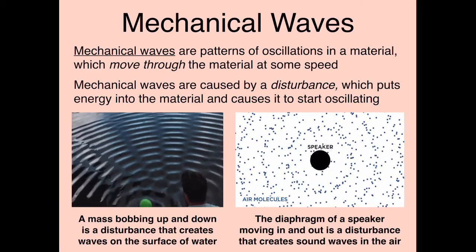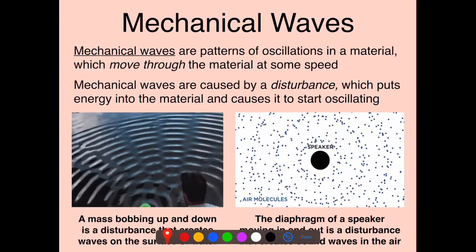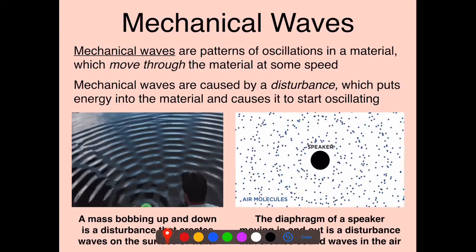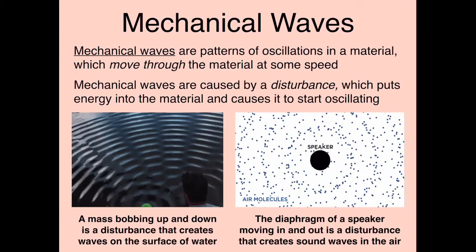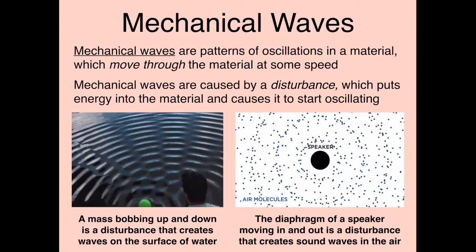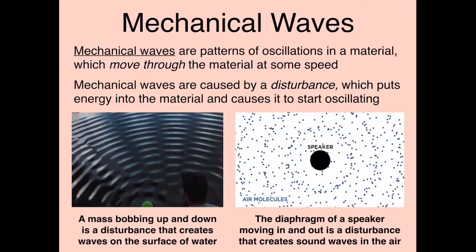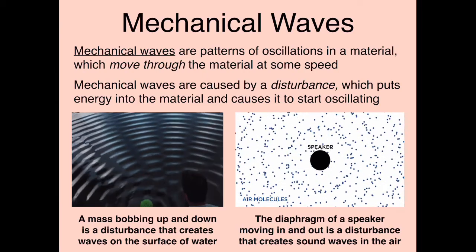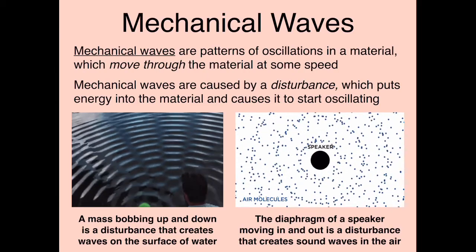And this pattern of oscillations of the air molecules is clearly moving outwards. That's what we call a sound wave moving outwards away from the speaker. So those are just two examples of mechanical waves. By the way, we're going to spend chapter 16, the next chapter, focusing entirely on sound. Okay, but it's an example of a mechanical wave.